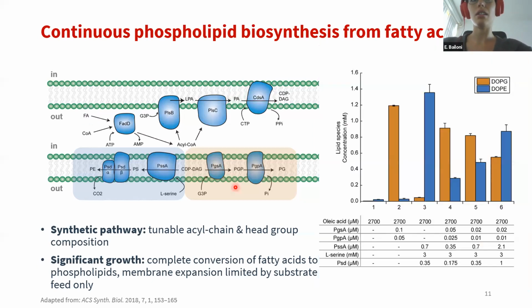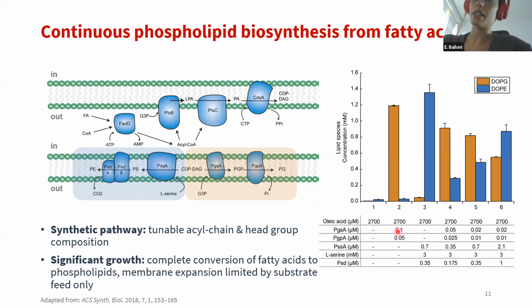And what is important is that the synthesis is really complete. Conversion is to 100%, as shown in this graph over here. As a control, when only oleic acid was added, but no enzymes from either of the branches, then PE or PG synthesis was not observed.